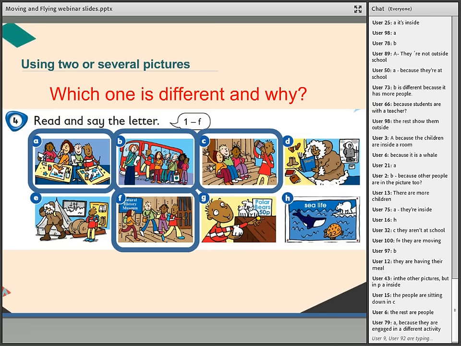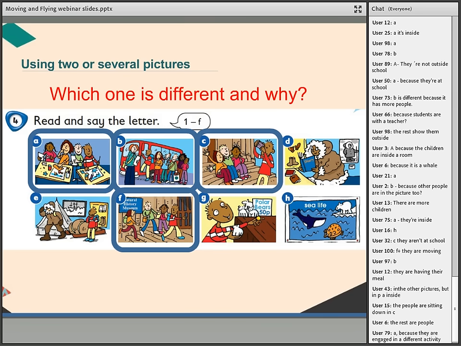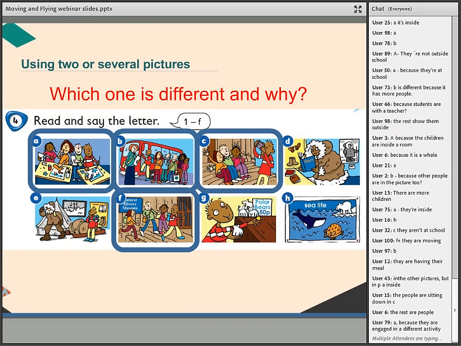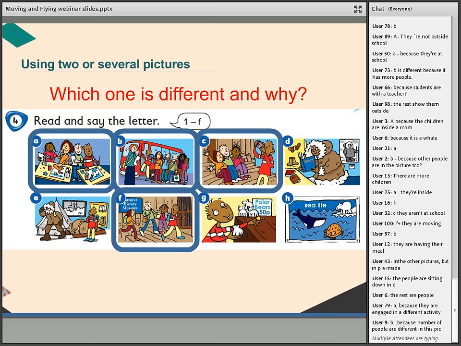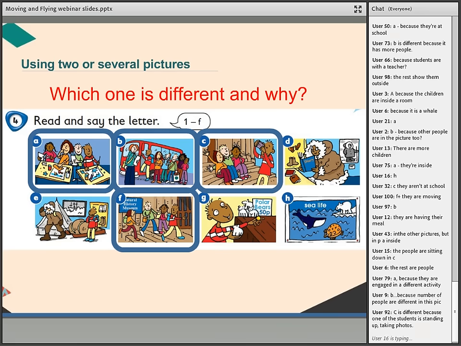Or we could say B is different because I can see a grown up in picture B. Okay, but there's no right answer or no wrong answer, should we say, as long as we can justify why we're saying this one is different.